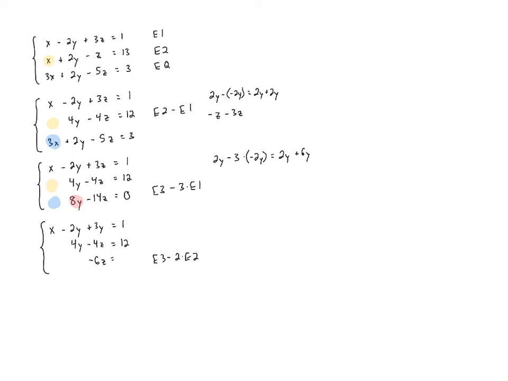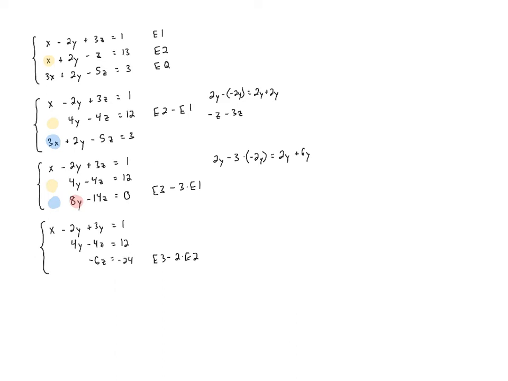Let's take a look at the constants now. We've got equation 3 minus 2 times equation 2. Well, the constant term in equation 3 is 0. So we've got 0 minus 2 times 12. That's going to be 0 minus 24, which is negative 24.